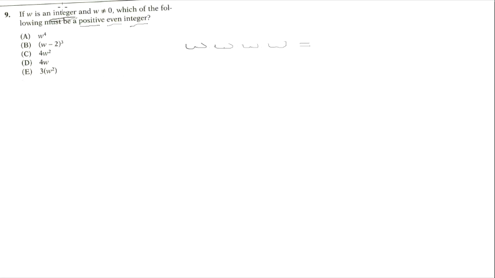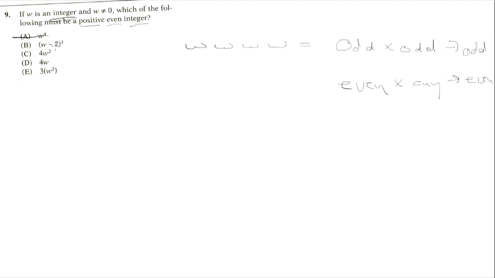But they didn't tell you that it is an even or odd integer. So say that it was 3. 3 times 3 is 9. 9 times 9 is 81. I believe odd times odd is odd. And even times anything is even. Okay, so that one's out.